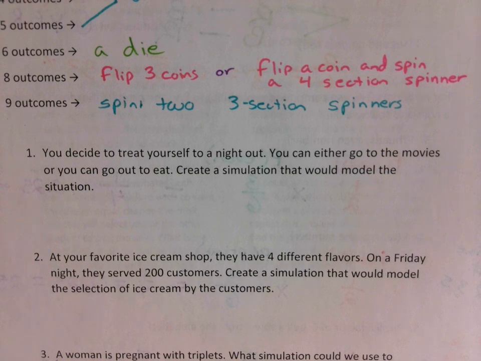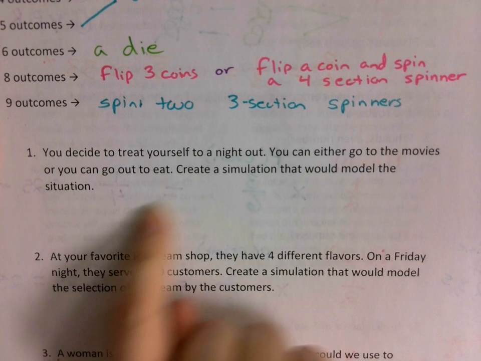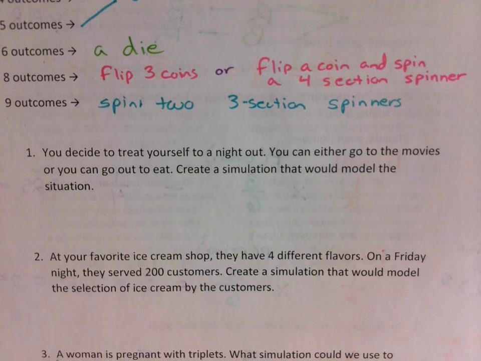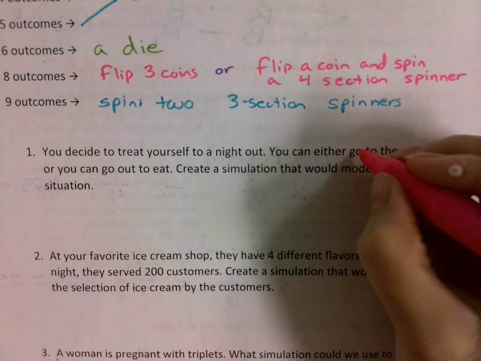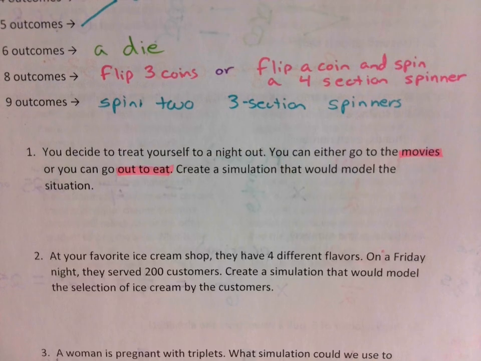Okay? So how many possible outcomes, how many different choices do we have here, guys? 2. We have 2 different choices. We can go to the movies, or we can go out to eat. That's 2 choices. We have 2 outcomes.